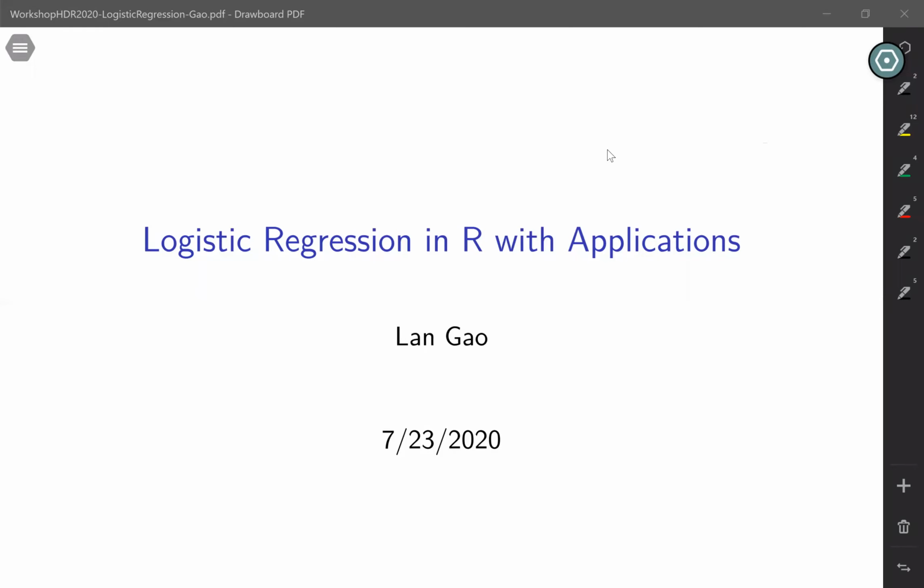First of all, I would like to talk about the mathematical model of logistic regression, and then I'll talk about how to conduct logistic regression in R with examples, and most importantly, how to read and interpret the output of the logistic regression in R. And lastly, I would like to showcase the project my students have done so far.